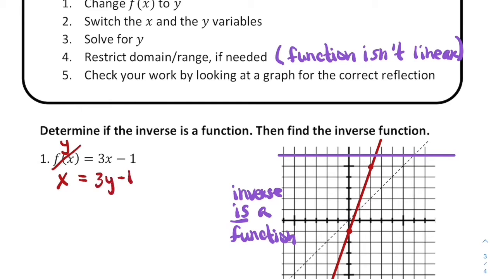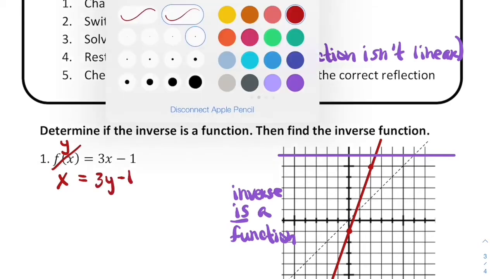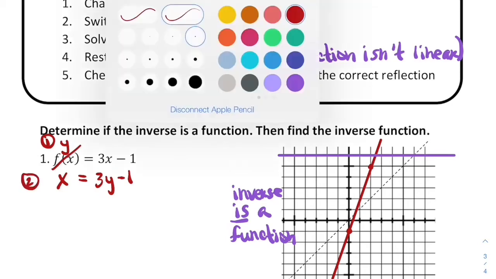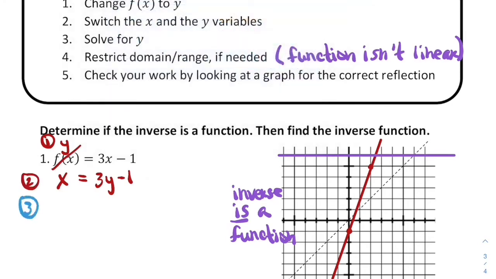And now this just becomes an algebra problem just like any other problem that you've solved since middle school. Let's go ahead and make a couple notes here. This is step 1, this is step 2, and now I'm about to do step 3. That way we can keep those in order and keep track.